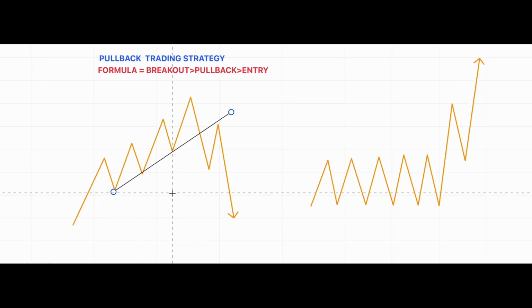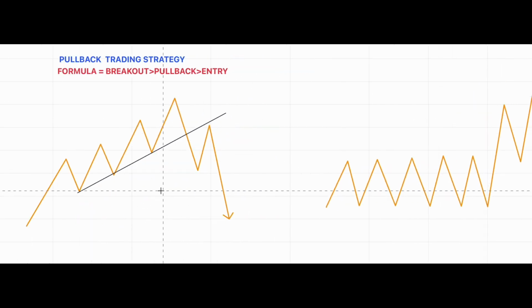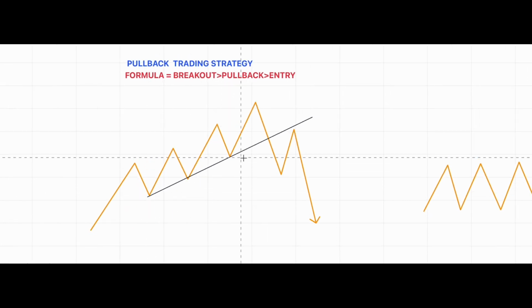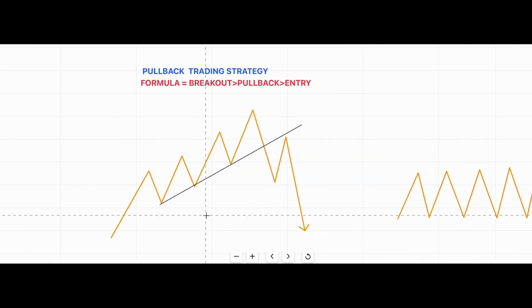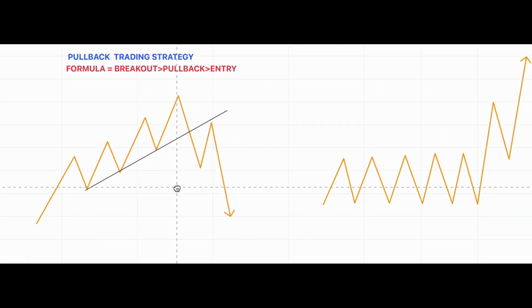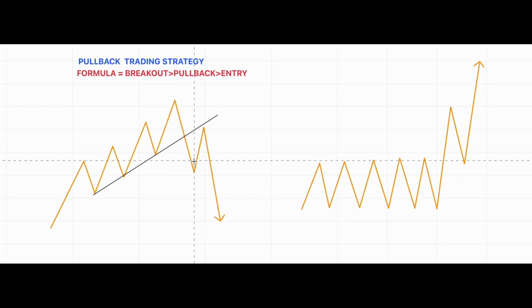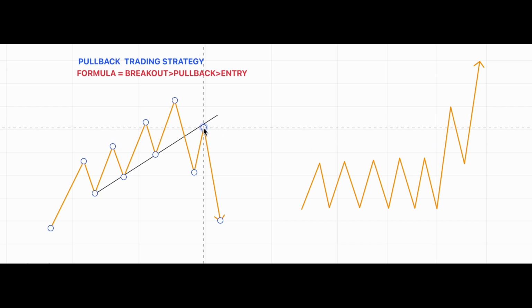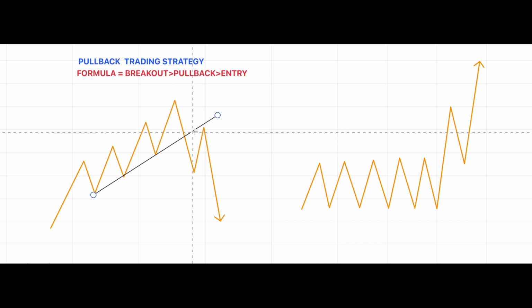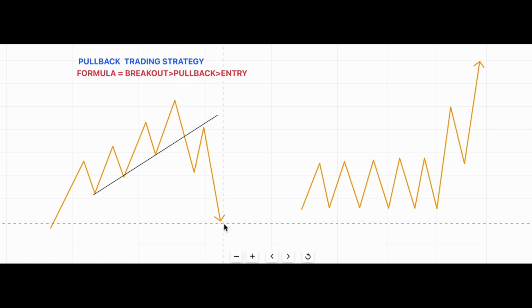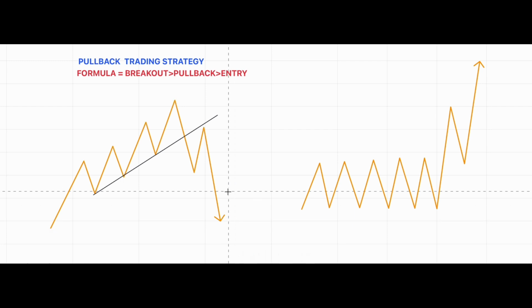Usually the trend line is valid when there are at least 3 drive points. 1, 2, 3. Three drive points, then this is a valid trend line. So when the price breaks the trend line, our opportunity is coming soon. We just have to wait for the pullback to the nearest supply or demand zone, then we make our entry. Just as simple as that.